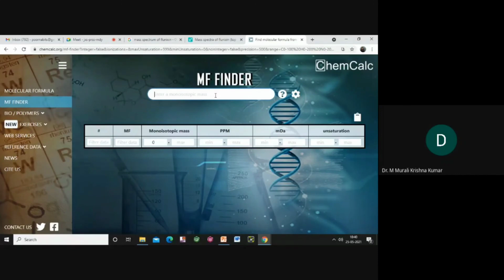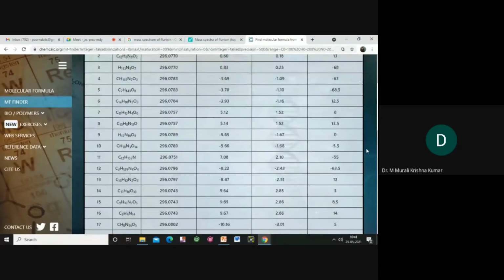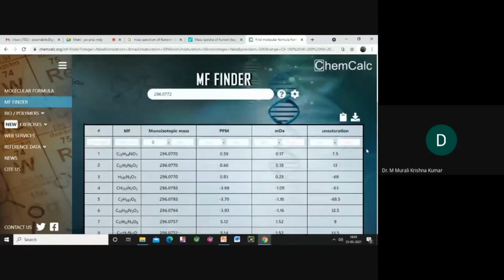Whenever you submit a sample for HRMS, usually the instrument software will provide you the molecular formula. Right now we have that operating system, but even if you don't have it, you can enter 296.0772. Then you can see all the possible molecular formulas coming up here.